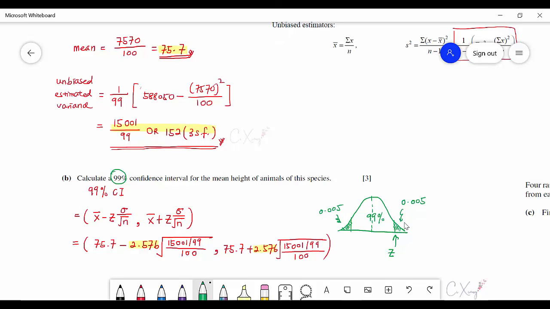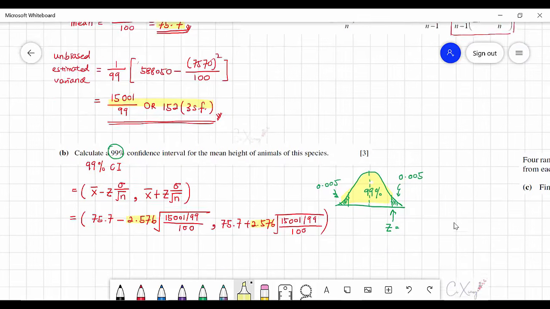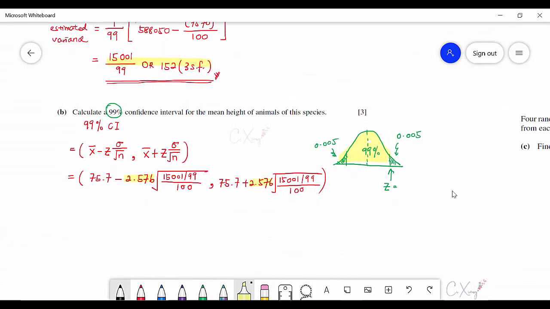So to find the Z value, the critical value, you should look for the whole area below this critical value. So you should look for 0.995 in the normal distribution table, and you can get the value for Z.